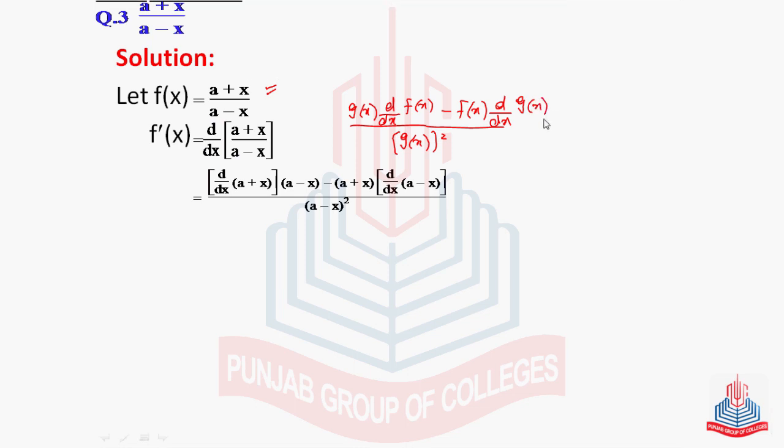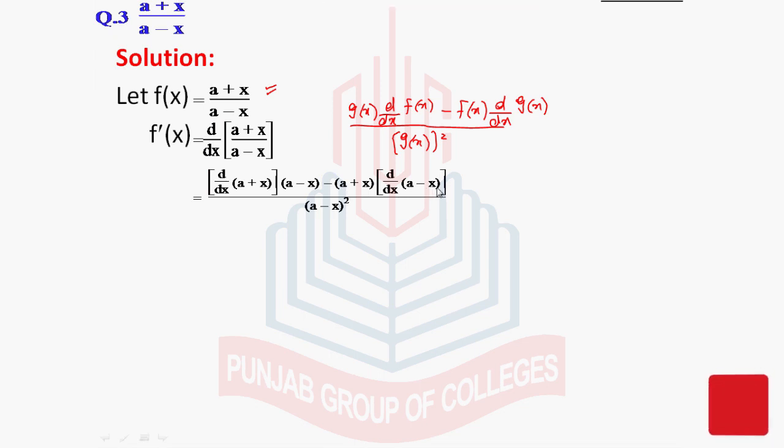So when we compare this to this step, the denominator will become (a - x) whole squared. The derivative will apply on f(x), which is a + x. g(x), which is the denominator function, stays as it is, minus, then f(x) stays as it is, a + x, and the derivative will apply on the denominator, which is a - x.